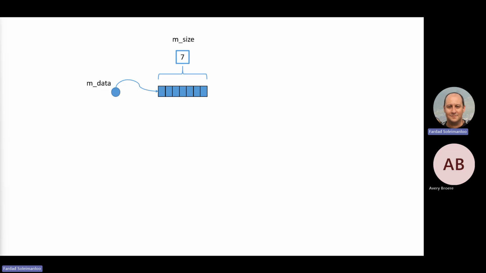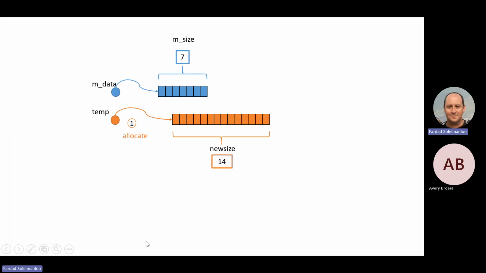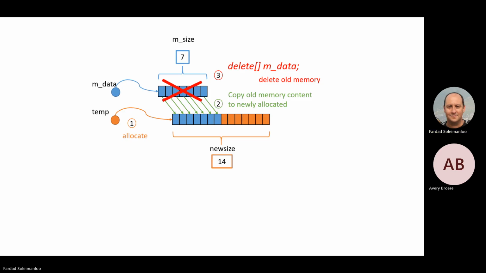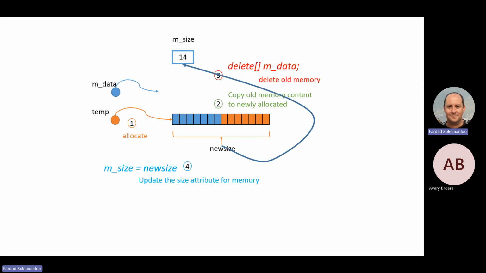You have to have a temporary pointer, allocate the desired memory that you want in that pointer, move all the data to the new location. After doing that, then you can delete the old one. And after deleting the old one, then you update the size. And when the size is updated, now you are ready to make your pointer point to the actual data.